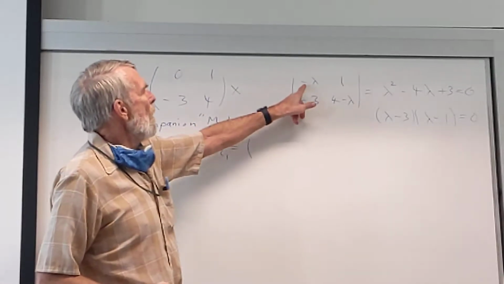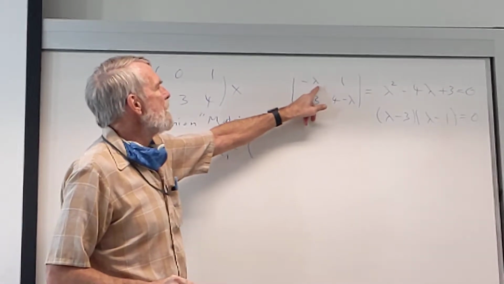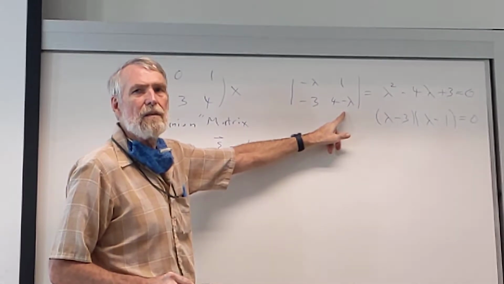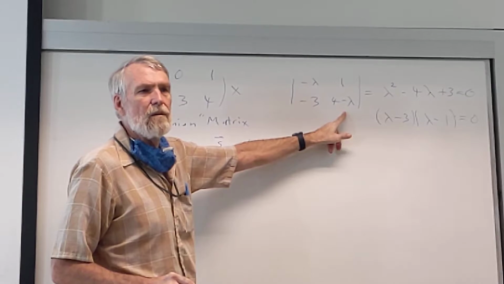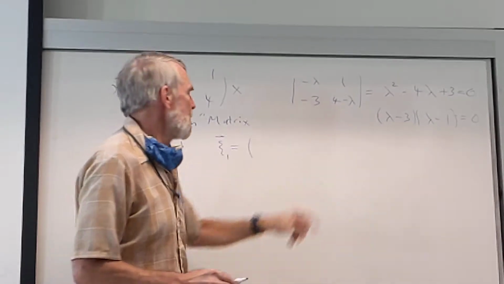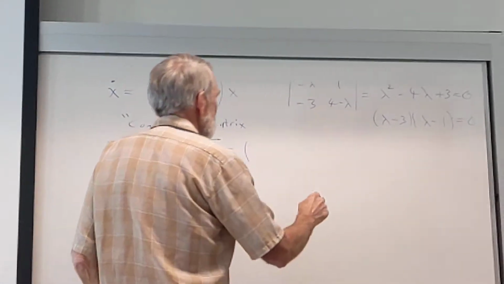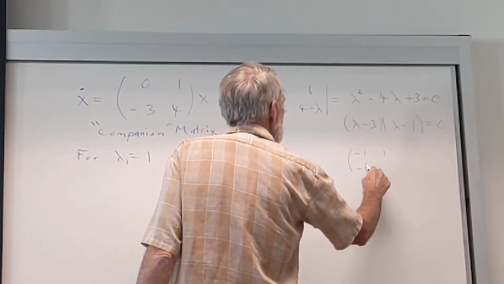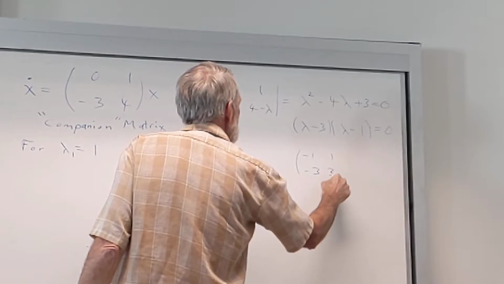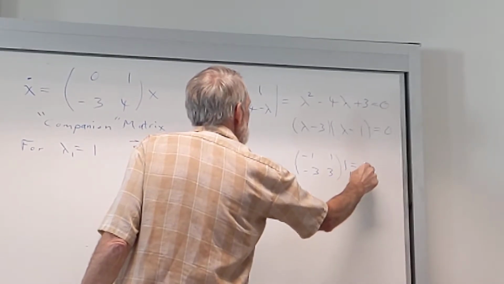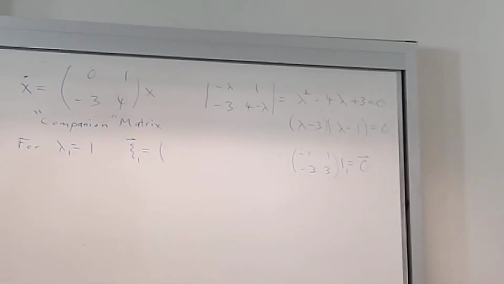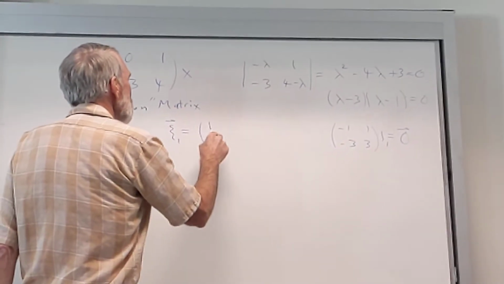Putting in 1, we're going to get minus 1, 1, minus 3, 3. I'll go ahead and put this over here. We're solving minus 1, 1, minus 3, 3, times x1 equaling the 0 vector. So a good eigenvector there is 1, 1.